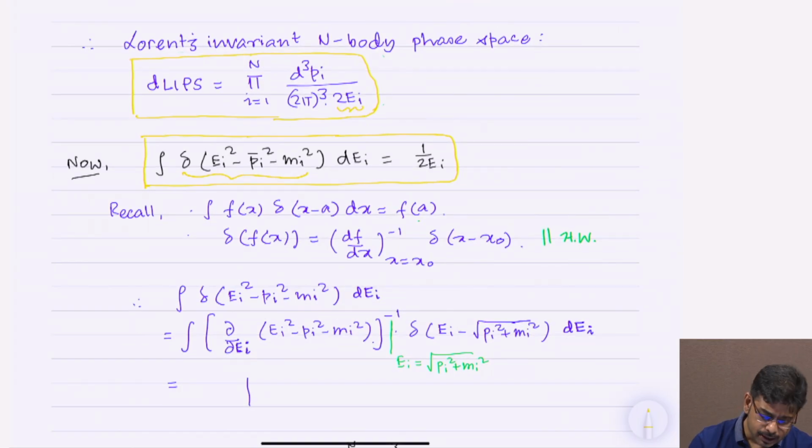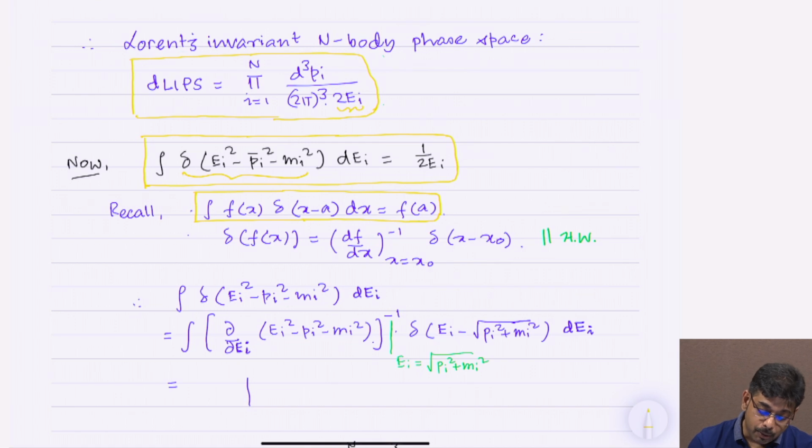This comes from the fact, first of all, we remember that when we integrate f(x) with a delta function of x minus a, dx, this gives you the value of the function at a, right? This is the first thing. Now, this is one of the definitions of the delta function basically.